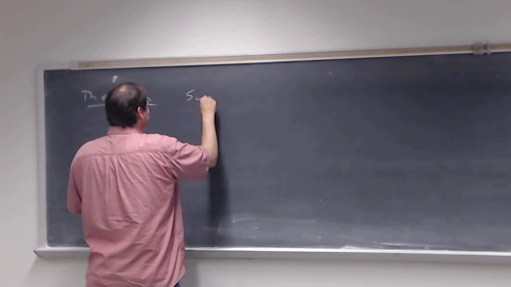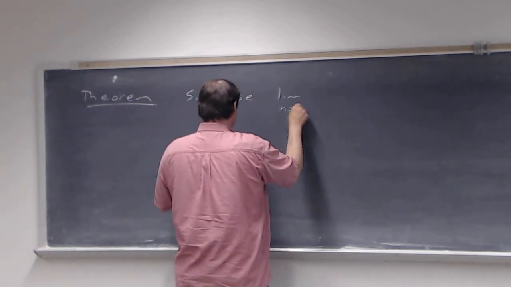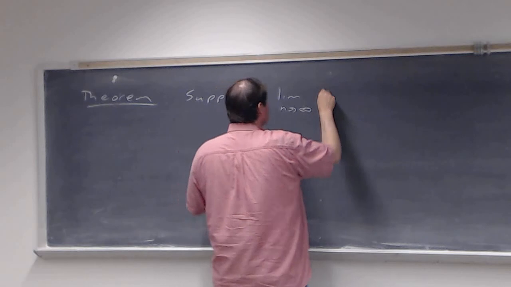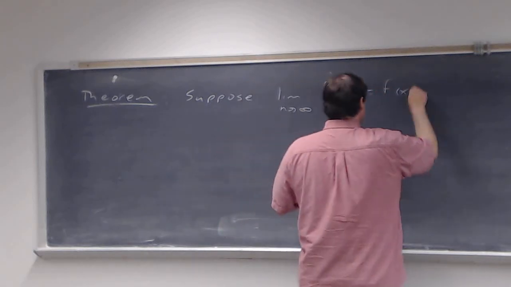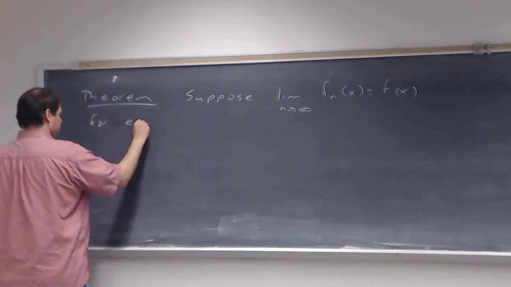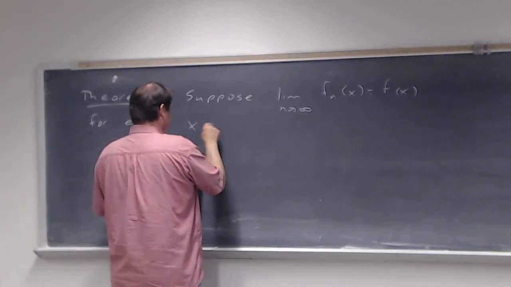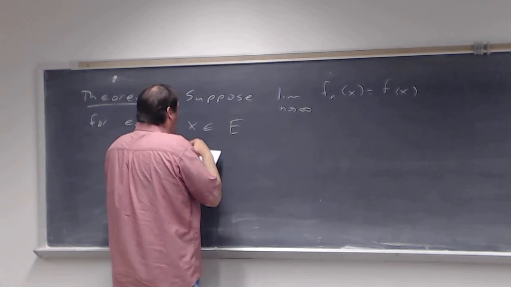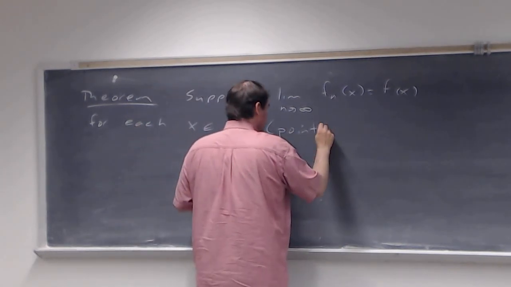The theorem says, suppose the limit as n goes to infinity of f sub n of x equals f of x, and this is for each x in the subset E. So this is pointwise convergence.